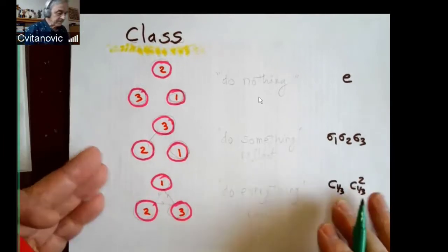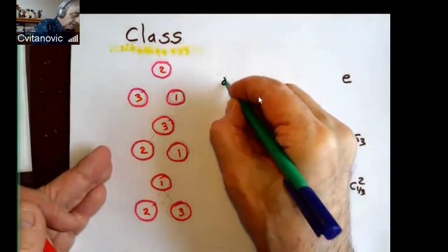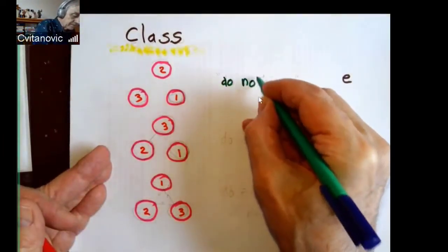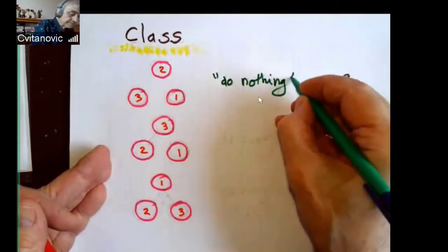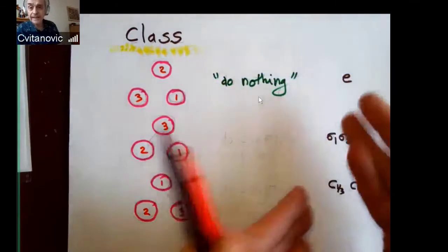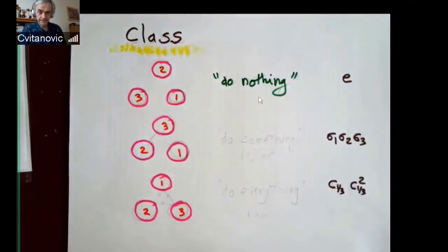One class of people are do-nothings. And that's called the identity in mathematics. I look at something, I apply the identity to it, meaning I do nothing.